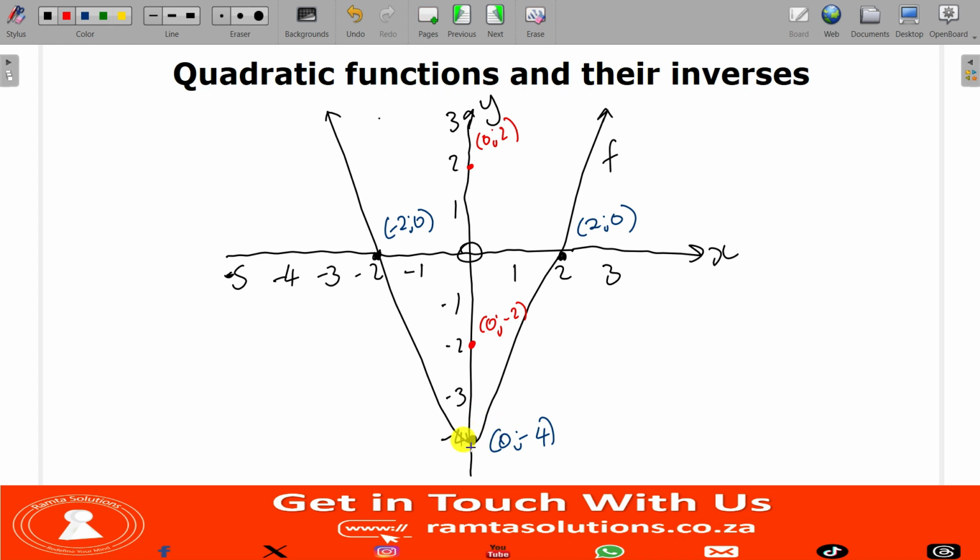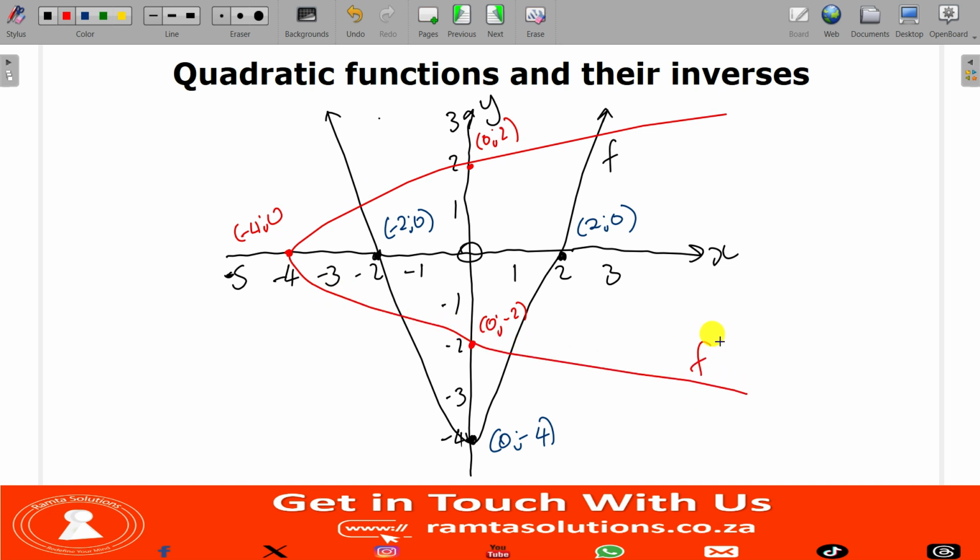This is 0 and -4. When it changes, it's going to be -4 and 0. Okay, then this will be the inverse of f.